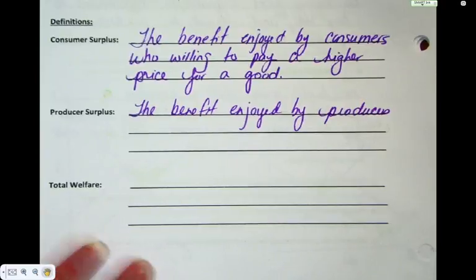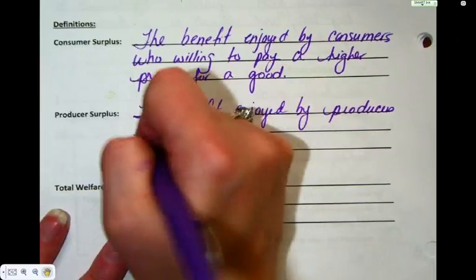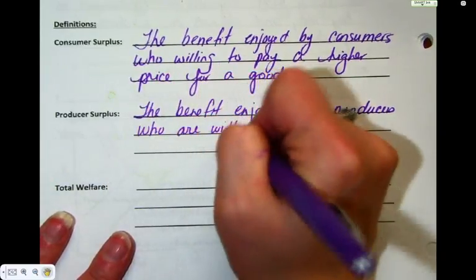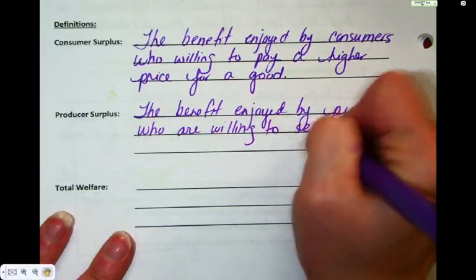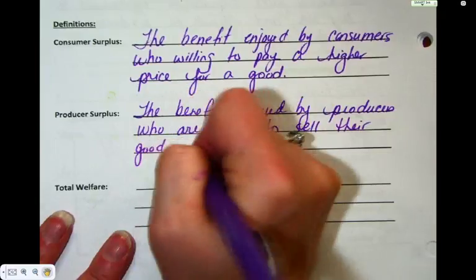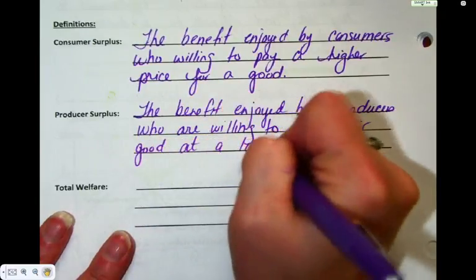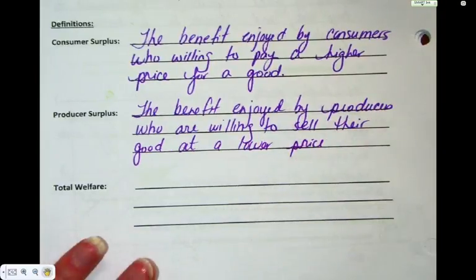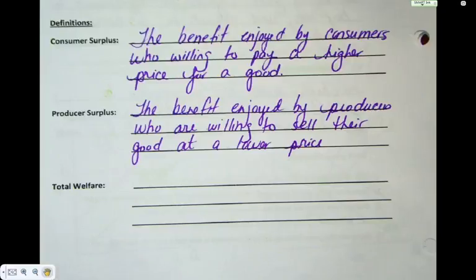Okay, so benefit enjoyed by producers who are willing to sell their good at a lower price. The benefit enjoyed by producers who are willing to sell their good at a lower price.